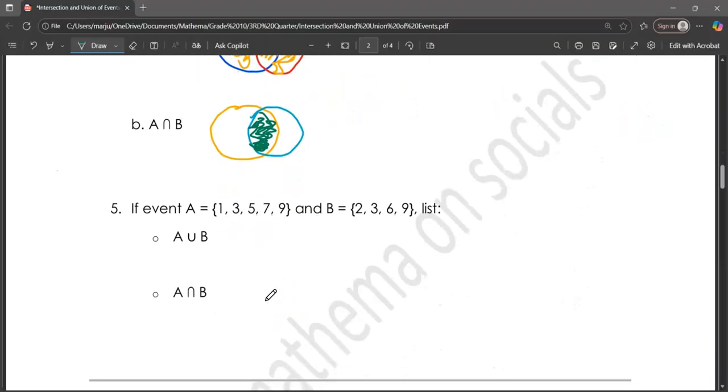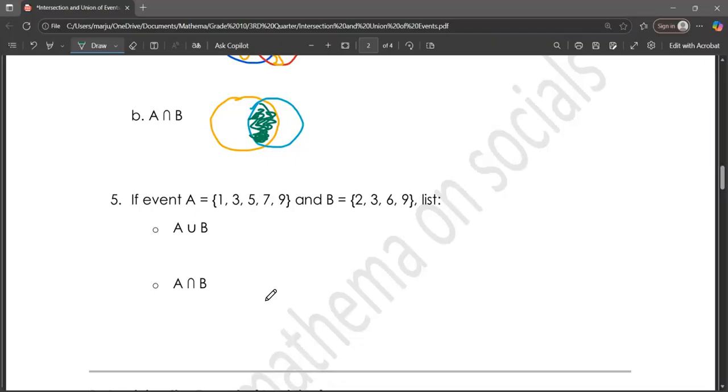Let's do number 5. If event A, the sample space, is 1, 3, 5, 7, 9, and event B is 2, 3, 6, 9, we are going to list down A union B. So again, when we say A union B, we're just going to merge everything.